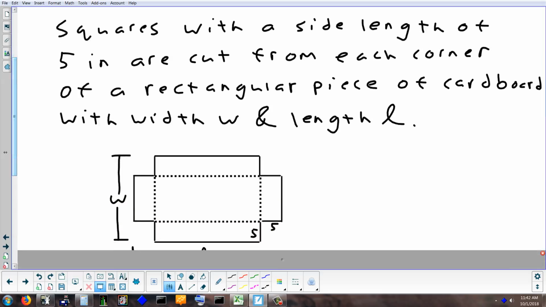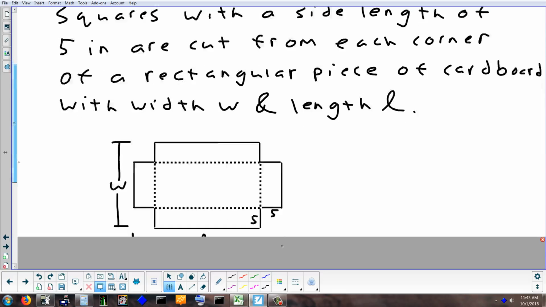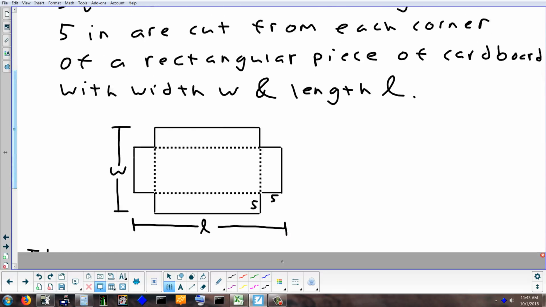So now what we're making here is kind of a tray. We're going to fold the sides up on the dotted lines. So we're going to have a tray without a top on it, just the bottom and sides. Okay, W and L represent the width and the length of the original piece of paper, before you cut it.